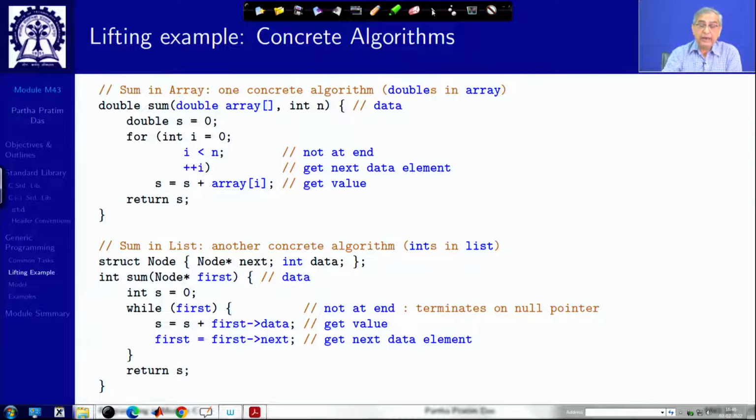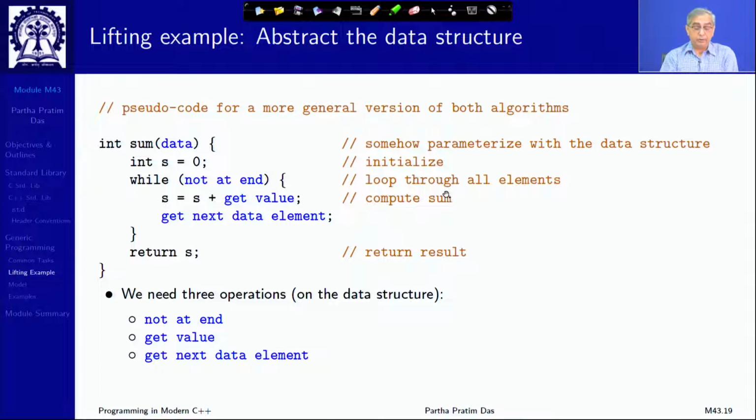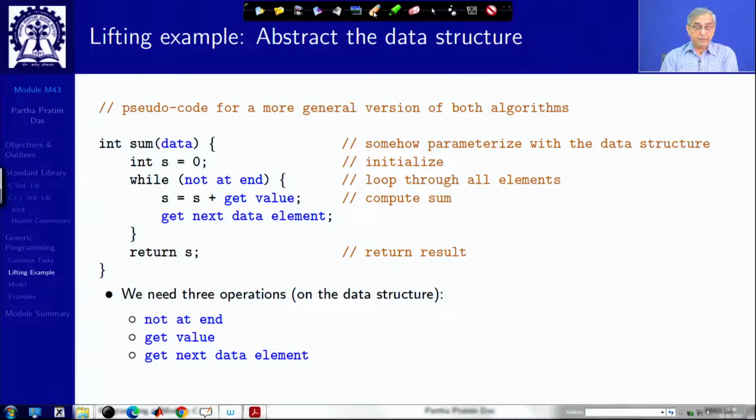So, we can lift these two concrete algorithms into an abstract algorithm to write it in terms of pseudo code. We say, okay, given the data, which could be array or list or whatever, it is a while loop which continues till the end is reached. Every time I check the current value, add it to S, and then go to the next element.